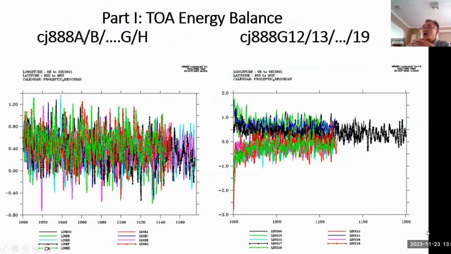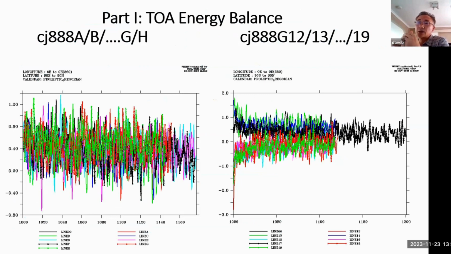As a coupled model, we care very much about the top of atmosphere energy imbalance. In our case, if you look at our SIM2 CMIP6 delivery and pre-industrial control, we have, unfortunately, a pretty large imbalance at the top of the atmosphere.